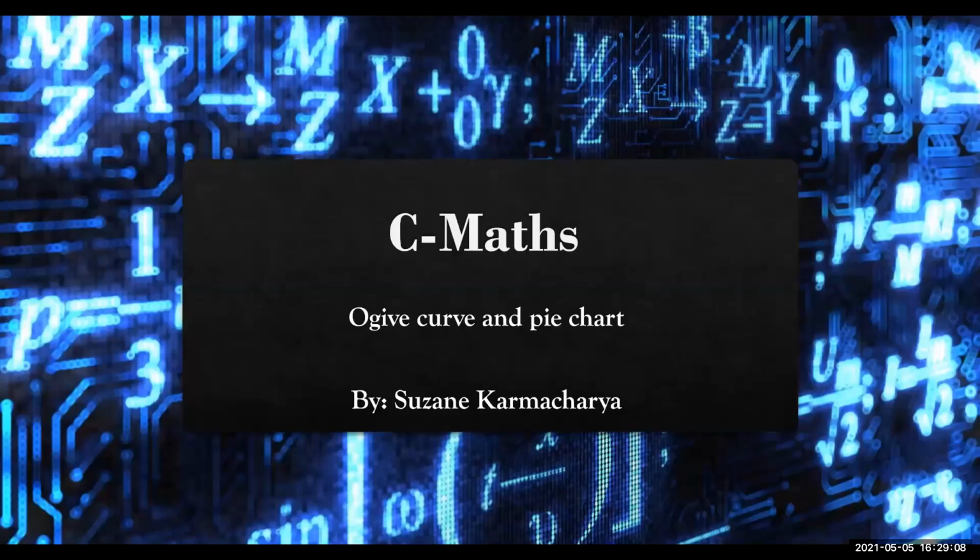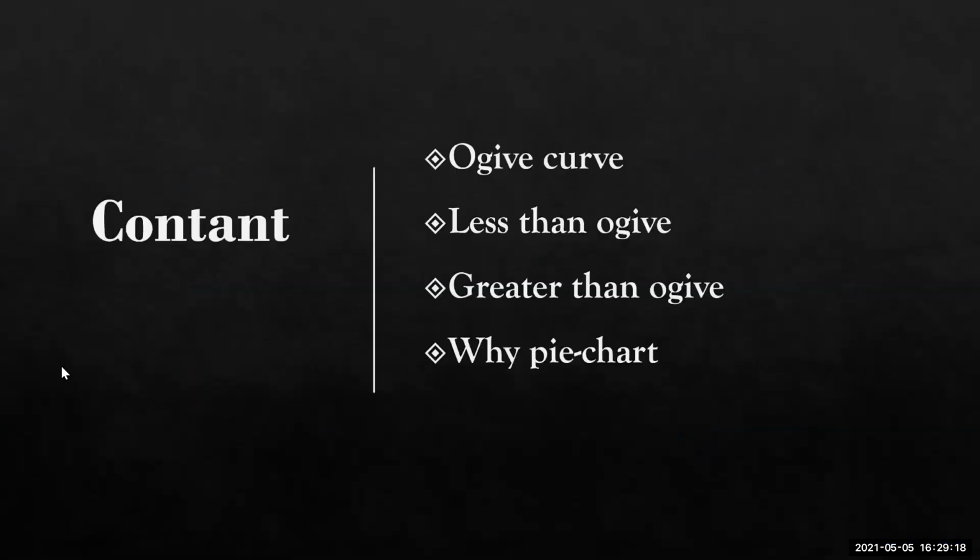Good evening. My name is Sujan, and I'm here to give a short presentation on ogive and pie chart. The content consists of ogive curve, less than ogive, greater than ogive, pie chart, and why it is used.